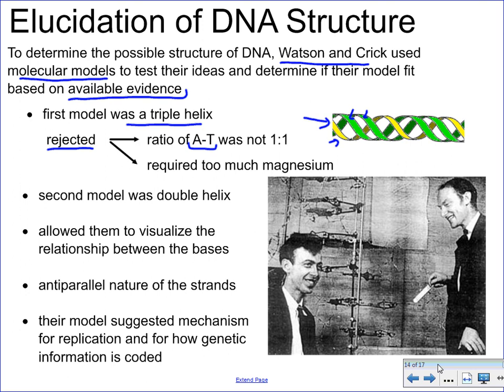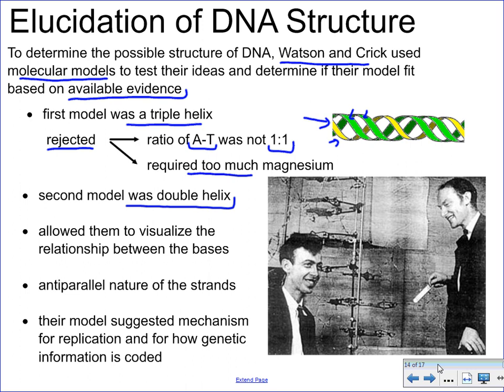Based on their triple helix, this ratio was not 1:1, so they knew it wasn't correct. And this structure actually required too much magnesium to make it stable, much more than was actually available within the cell. So the second model that they came up with was a double helix.